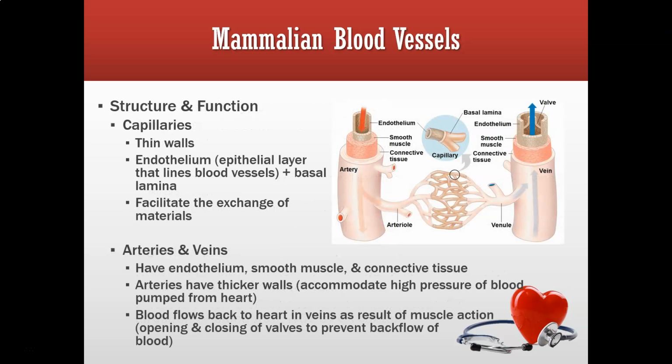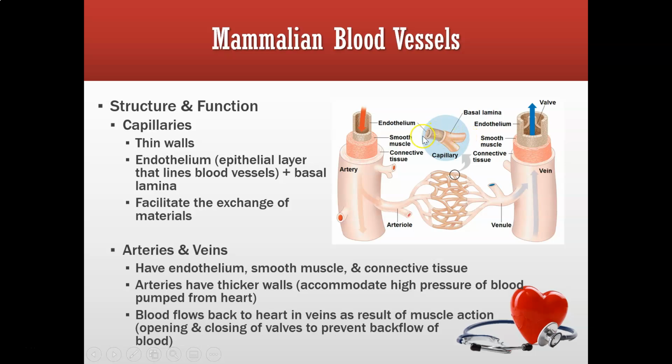So when we look at the basic structure of these arteries and these veins and these capillary beds, it very much is connected to the function that they play. So when we look at your capillaries, for example, there really isn't much to them. They've got some basic endothelial layers in the center, which also line your arteries and your veins as well.